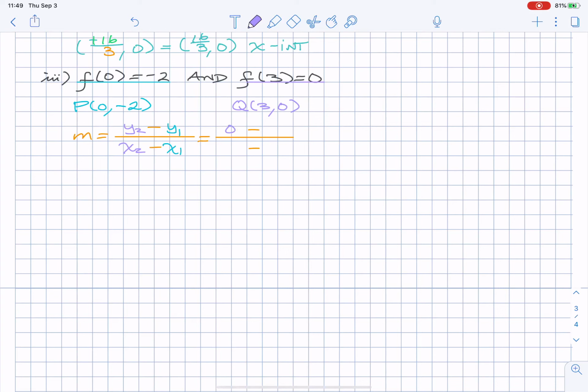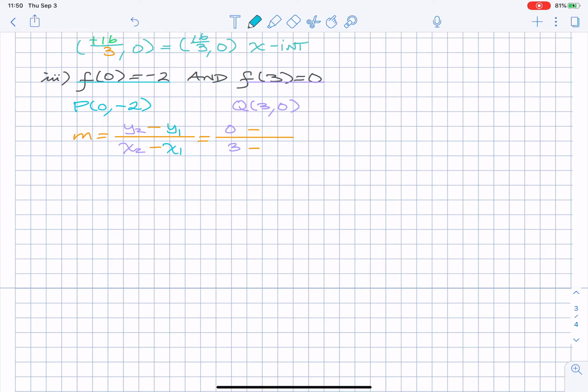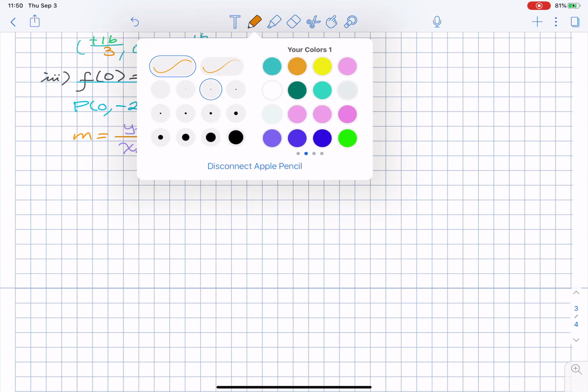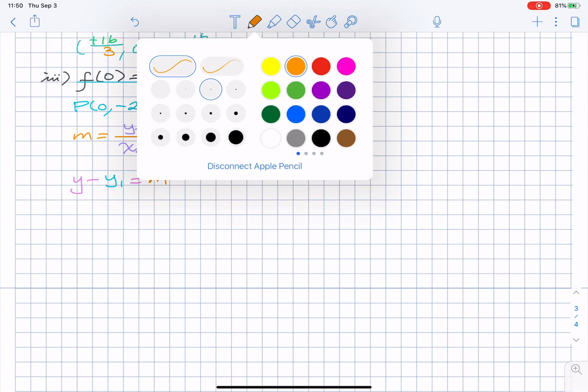So y2 is 0, y1 is negative 2. And then we have 3 minus 0 on the bottom. So it turns out that the slope is just 2 over 3. Slope-intercept form gives us y minus y given is equal to slope m times the quantity x minus x given.